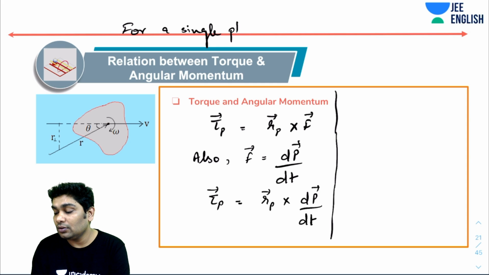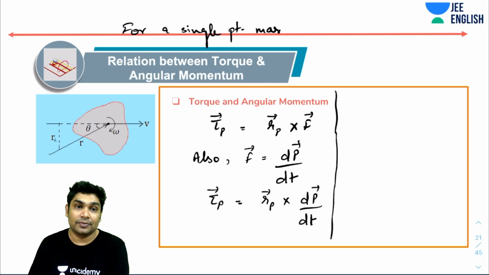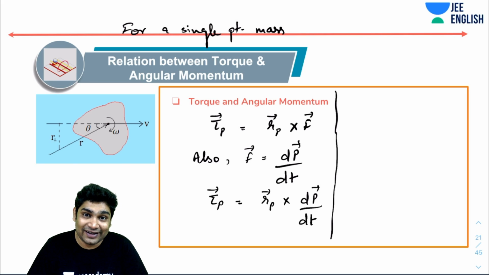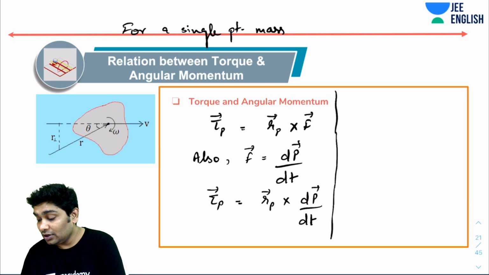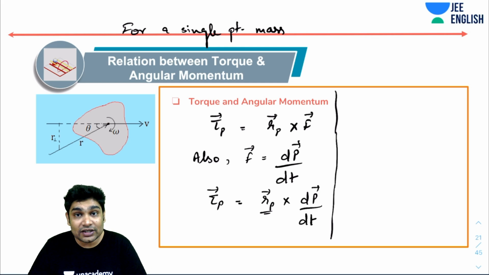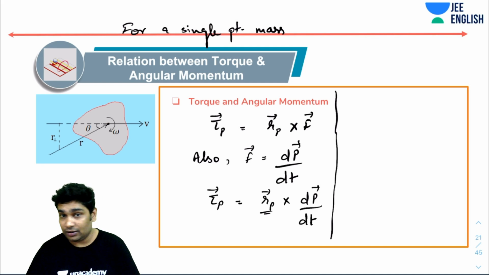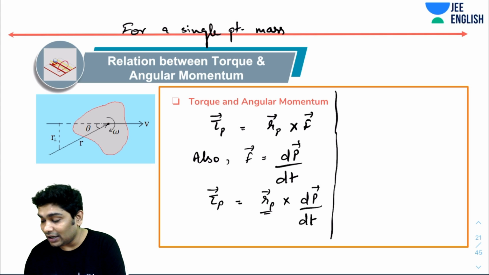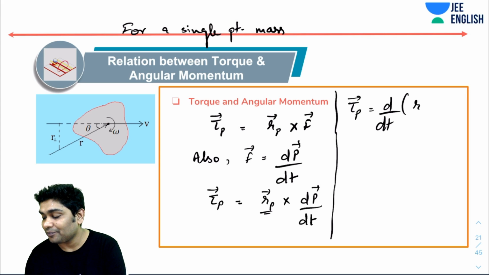So for a single point mass, I'm trying to calculate the relation between tau and angular momentum. This r about P would be nothing but the position vector of the particle itself on which the force F would be acting. Right? So I am telling you that I can rewrite this as d by dt of r cross p.